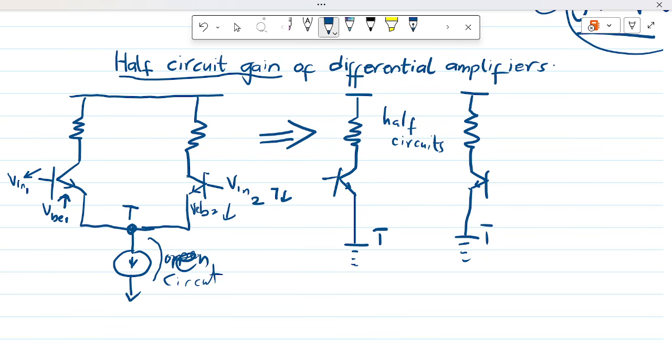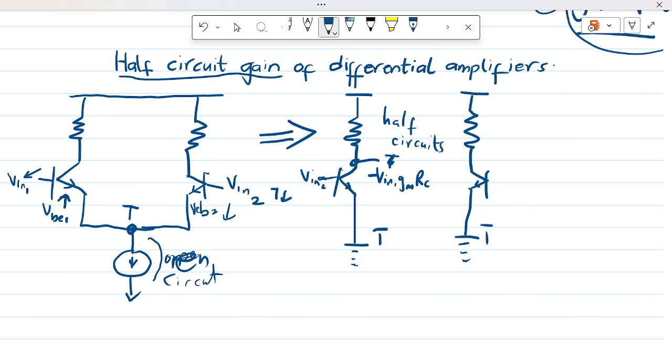Okay, now let's see the small signal gain of this common emitter stage circuit. With a change in Vin1, the gain, as we already know, is expected to be, so the output will be the change in input, which is Vin1, times the gain, which is going to be gm RC.